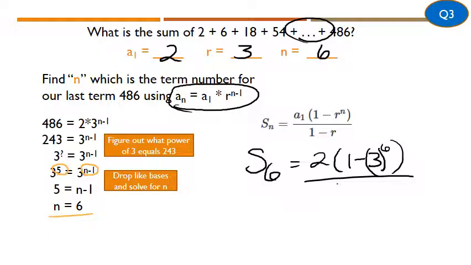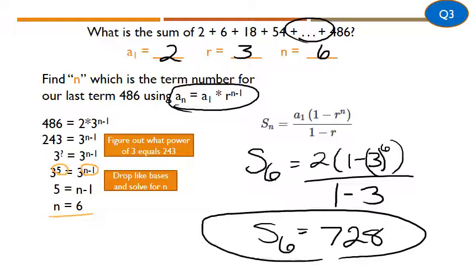I almost forgot to put them there. 1 minus 3. Put that into your Desmos or your calculator exactly the way you see it, and it should be equal to 728. Make sure you get this number in your calculator or in Desmos.